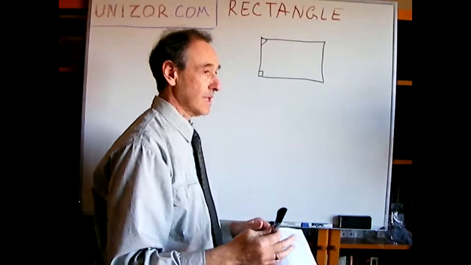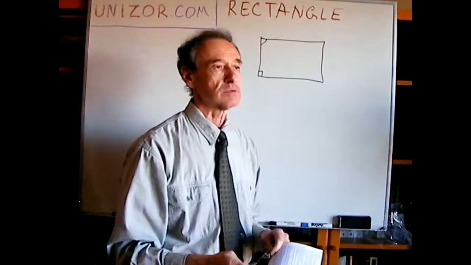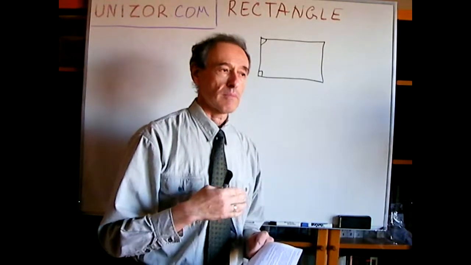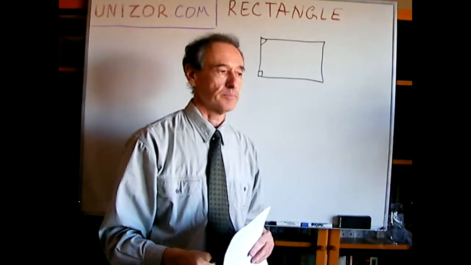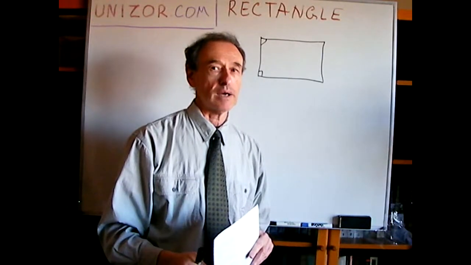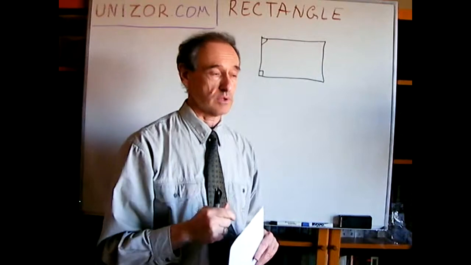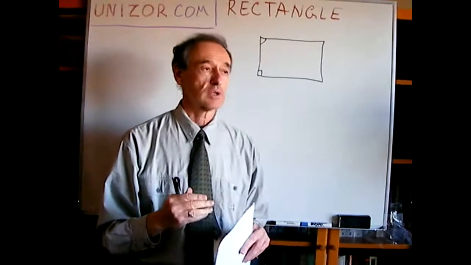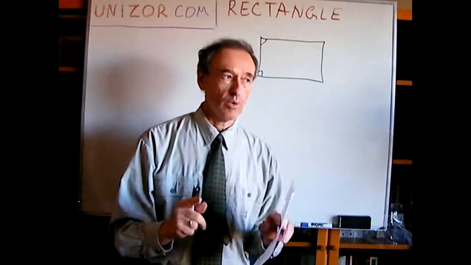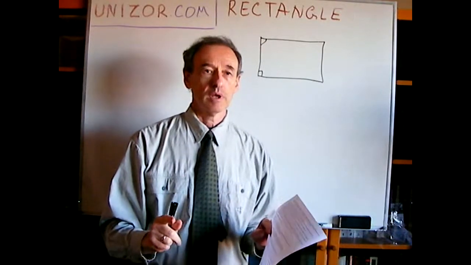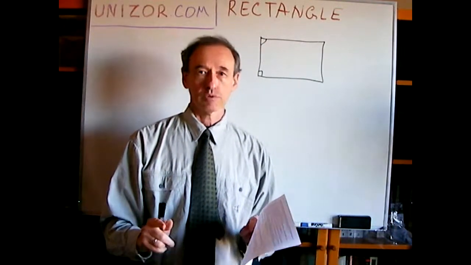Okay, so that's basically the immediate property which we can derive from the definition of the rectangle. The definition has only one particular requirement: all angles are supposed to be congruent to each other.